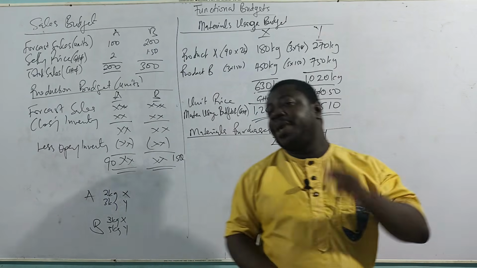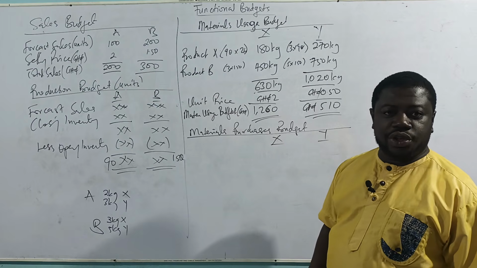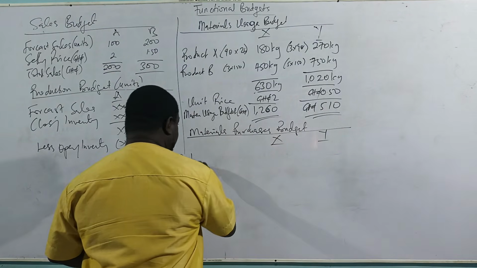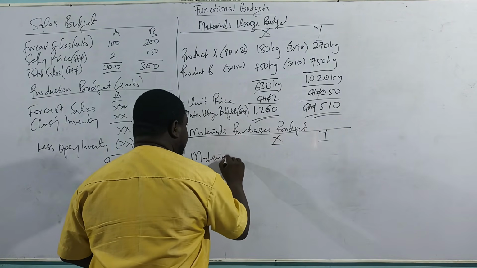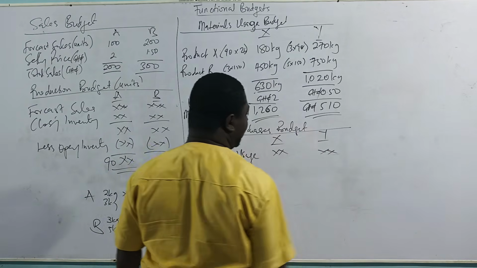The materials purchases budget will begin with the units of materials usage. So we'll say materials usage. We bring the figures here.